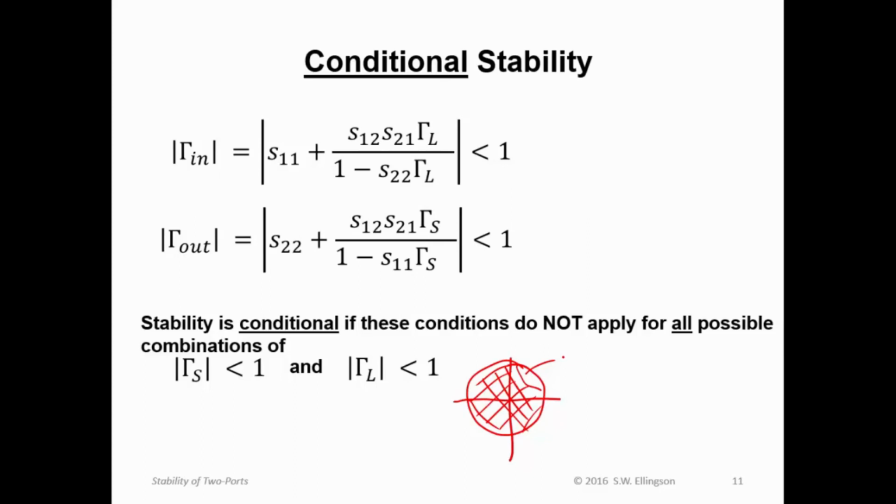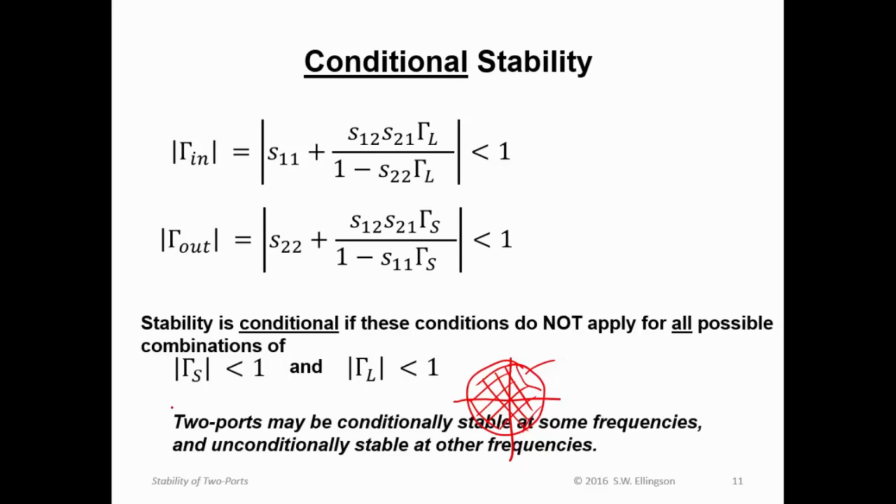If that's the case, then we say that this is conditionally stable, not unstable or not always unstable, simply that there are some values of source and load impedance for which we achieve stability, and there are some values for which we don't. And this is a very common situation to end up in.